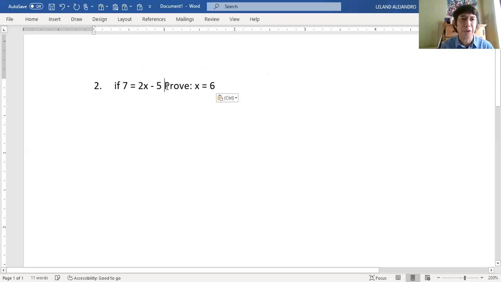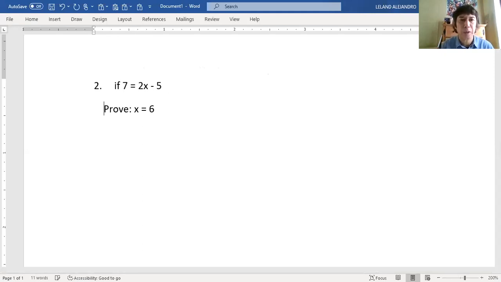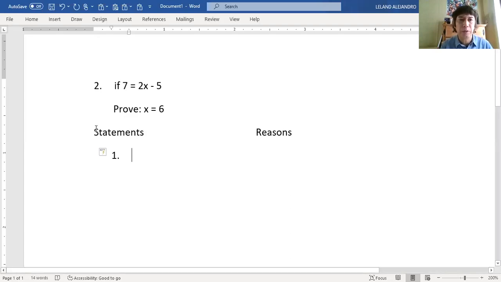Again, we're going to do the solution by using statements and reasons using two columns. So we have here the statements and we have the reasons in the second column. There. So for the first statement, it should just be the given.